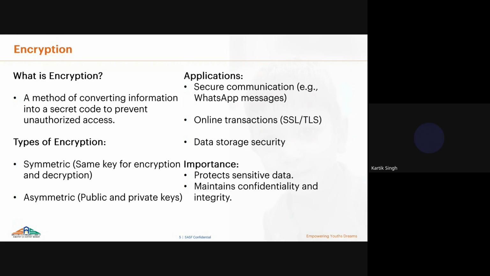Now asymmetric encryption. Now let's take an example of a hotel. You go and rent a room over there. After that, they give you a key, which is known as a public key. But the manager of the hotel also has one master key which can unlock that same door.